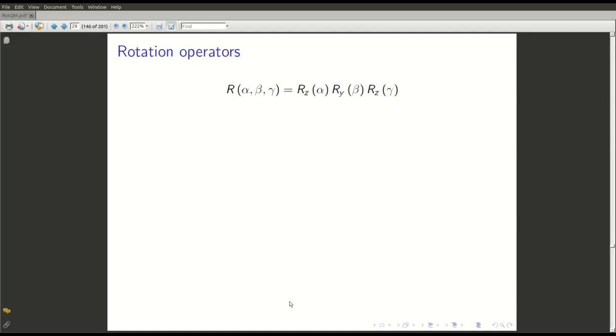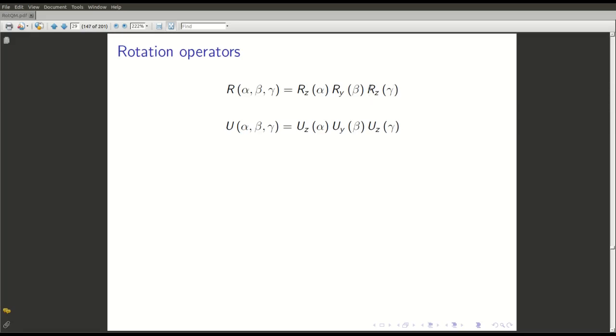So what does this tell me about the corresponding rotation operators? Now that we have this result that R alpha beta gamma is Rz alpha, Ry beta, Rz gamma, we simply can write down the corresponding rotation operators acting on the kets in this form. The rotation operator corresponding to U alpha beta gamma must be Uz alpha, Uy beta, Uz gamma.